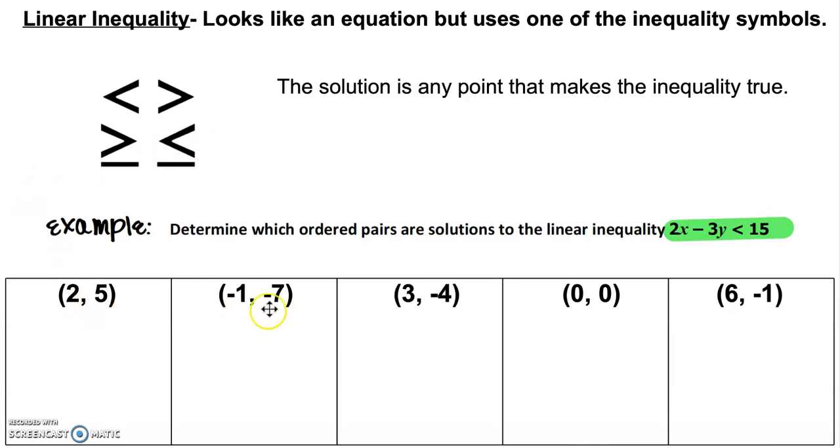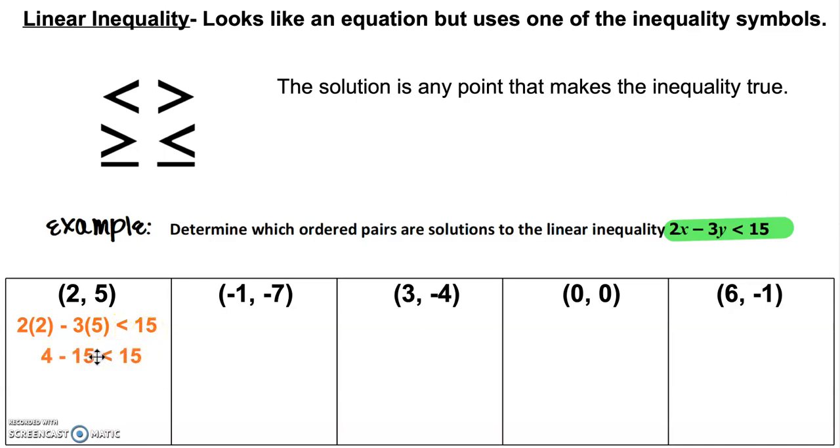So we have some points down here, and we want to determine if these ordered pairs are solutions to the inequality 2x minus 3y is less than 15. The way we do that is we see if those points make the statement true. So by taking the point (2, 5) and substituting its values into the inequality, we've got 2 times the x value of 2 minus 3 times the y value of 5 is less than 15.